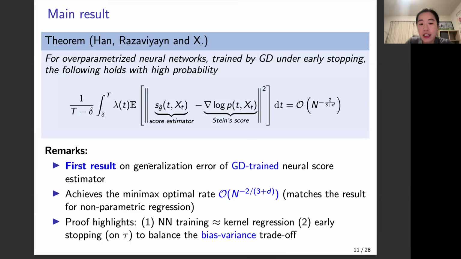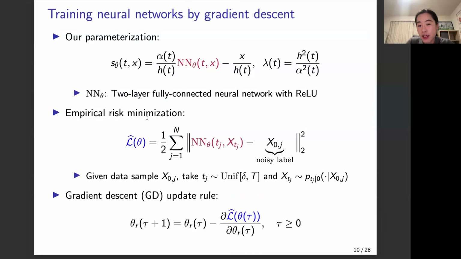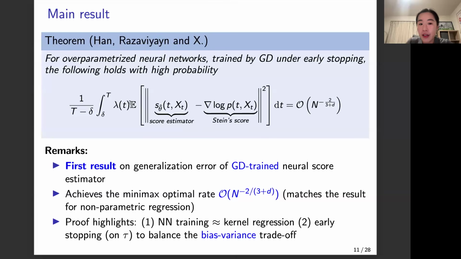The reason I mention generalization error is because in the training we do gradient descent for the neural network parameter using the empirical loss function using n samples. So the neural network only sees these n samples. But when we do the evaluation, for example, how good our trained score function is, we evaluate that on the population level.